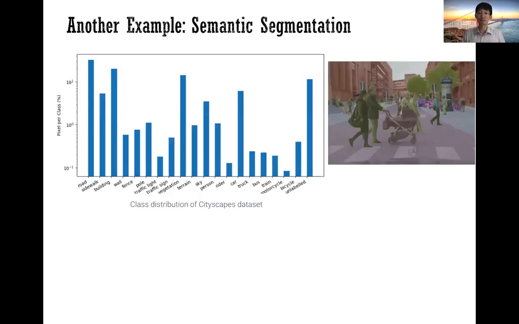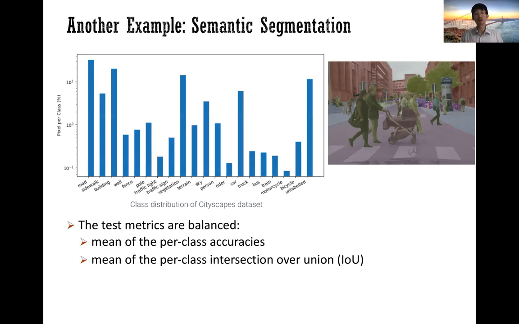Another example is semantic segmentation. Here I'm showing the distribution of the pixels per class in the Cityscapes dataset, which is one of the commonly used datasets for semantic segmentation. And here you can see that again, the training distribution is pretty imbalanced. And here the interesting thing is that the test distribution is also imbalanced, which is the same distribution as the training distribution.